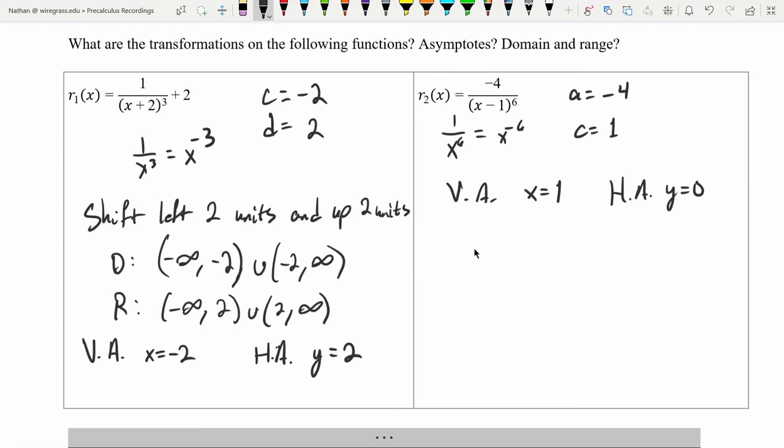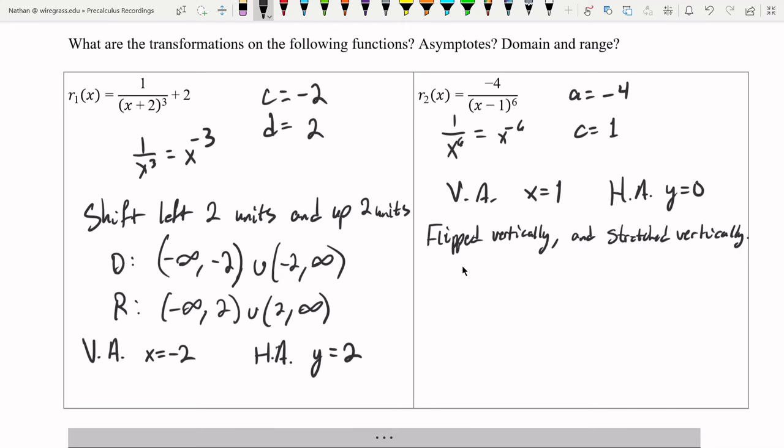The domain, I should say, it's what the transformations are. It's been flipped vertically. Since a is less than -1, well, if it were positive it'd be bigger than 1, so it's going to be stretched vertically.